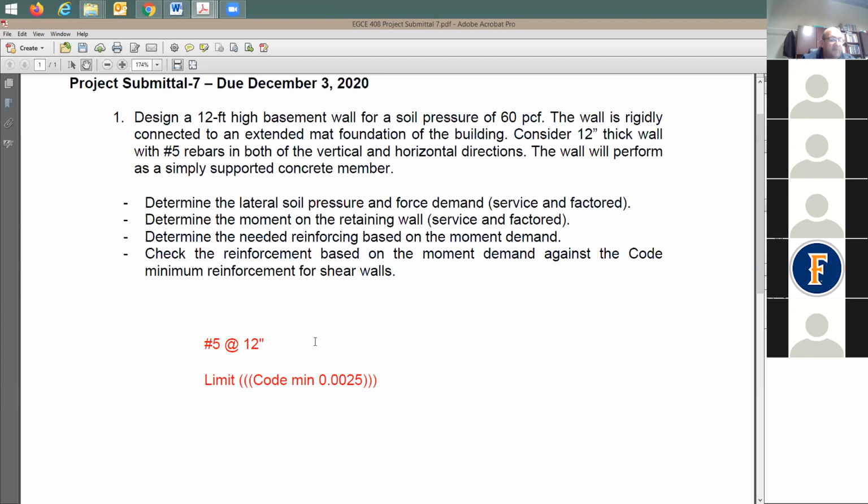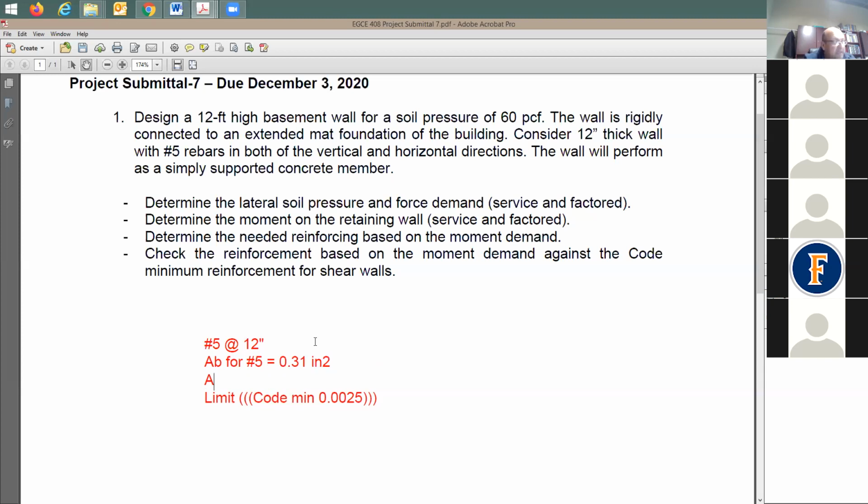So what is Ab for number 5? Can someone help me with this? Yes? 0.31 square inches. What is the spacing?